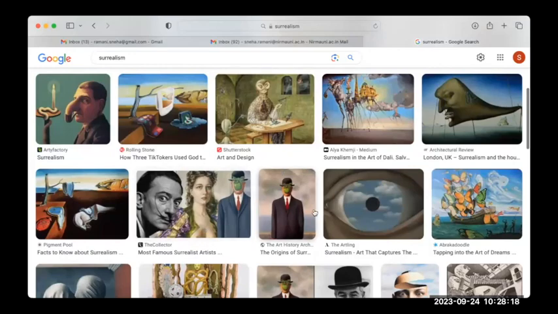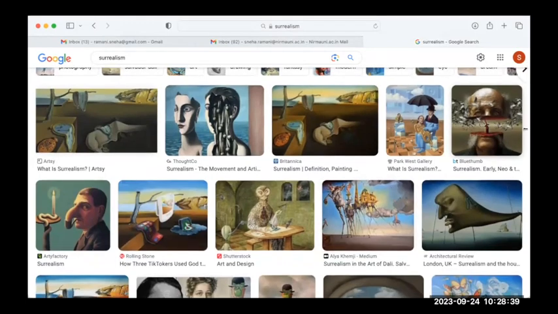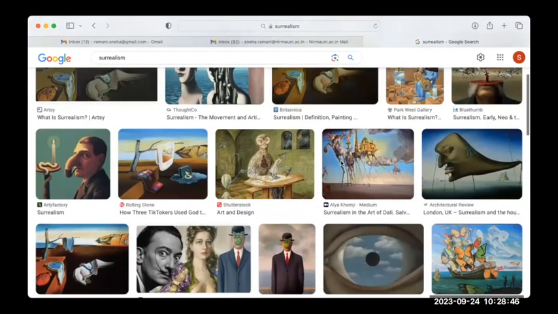Dali's work corresponds a lot with surrealism. It's more associated with the expression of your subconscious. How do you depict any scenario subconsciously? It's not associated with what it actually looks like, but how your mind unconsciously depicts a situation.